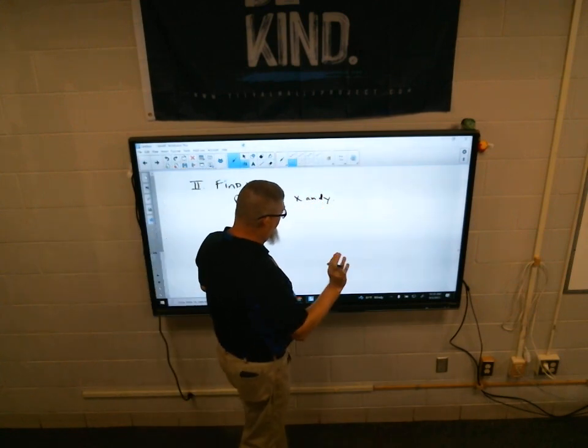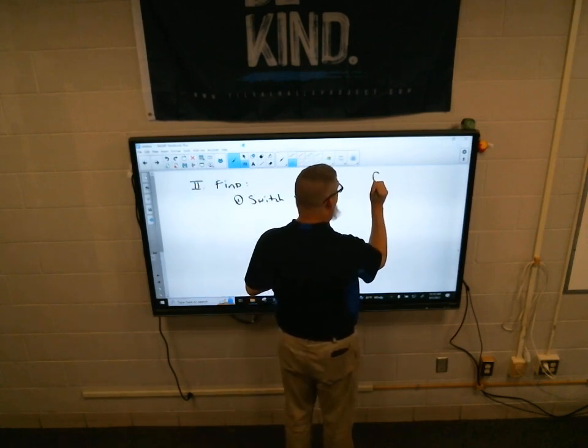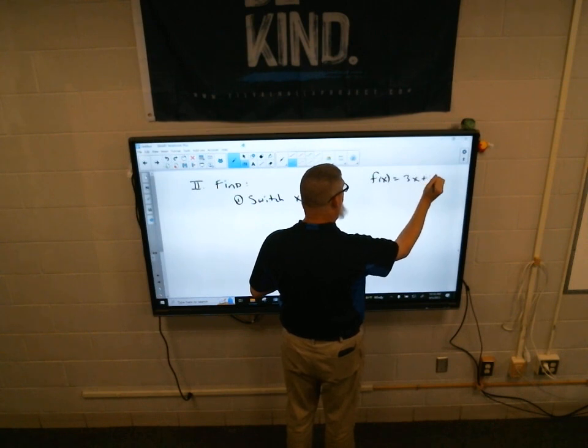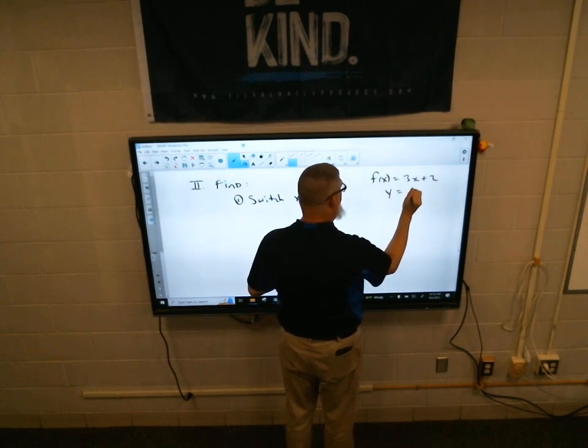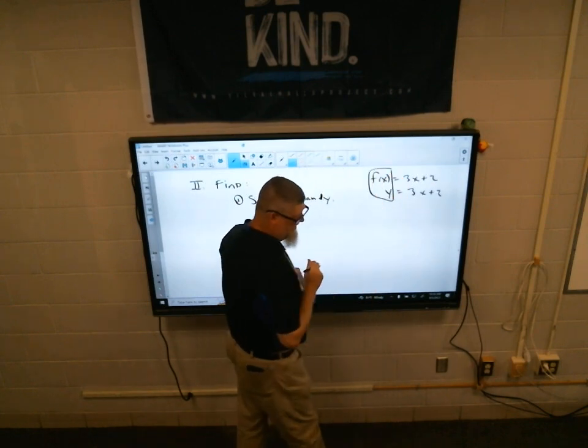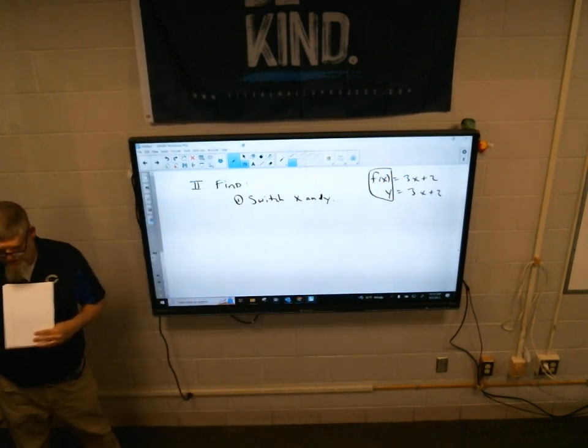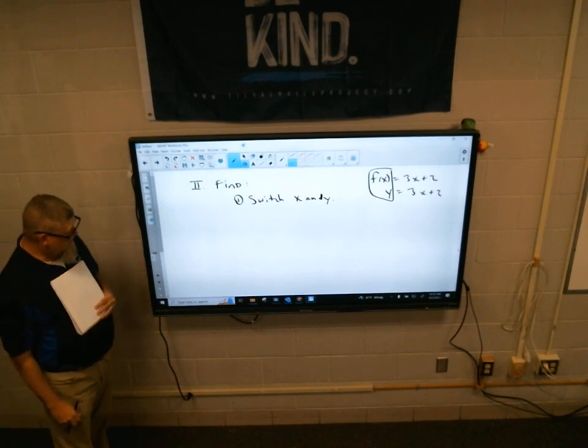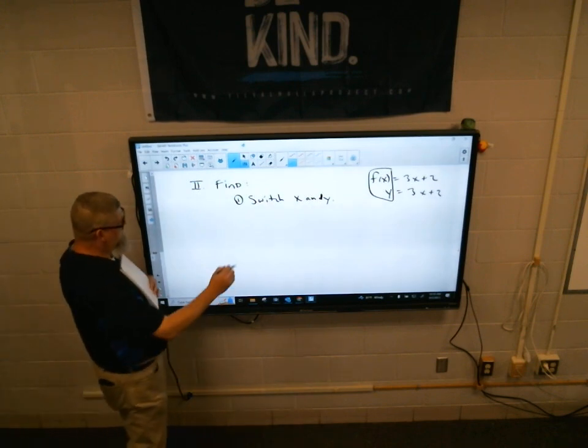Now, I assume you all know that if I write f of x equals 3x plus 2, that's the same thing as y equals 3x plus 2. F of x and y are kind of interchangeable. Okay, so we're simply going to take the x and the y and switch places.